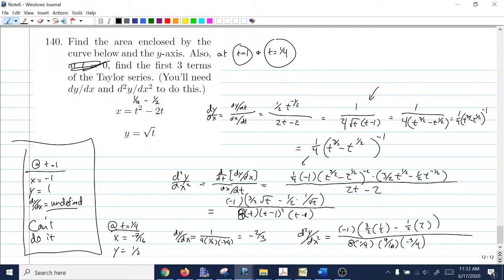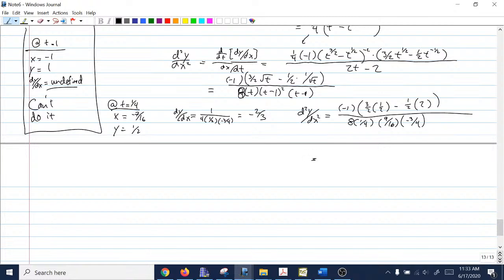Okay, how bad is this? 3/2 of a half is 3/4, minus half of 2 is 1, so the top of the fraction is all 1/4.